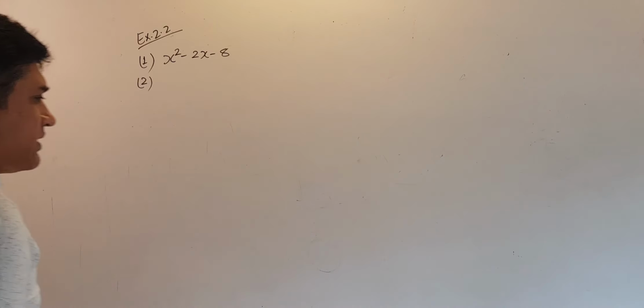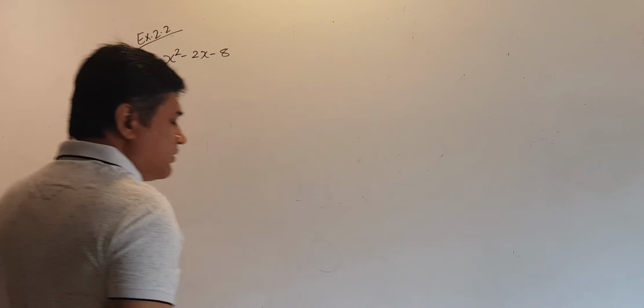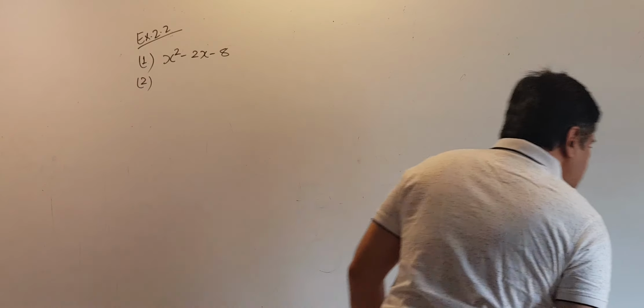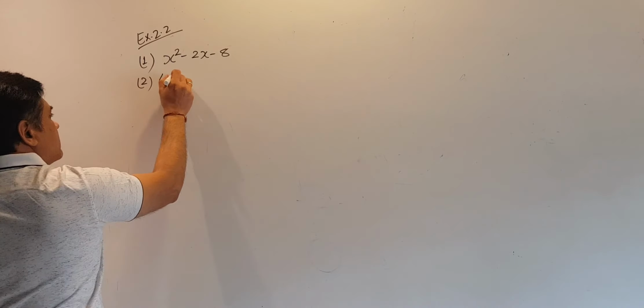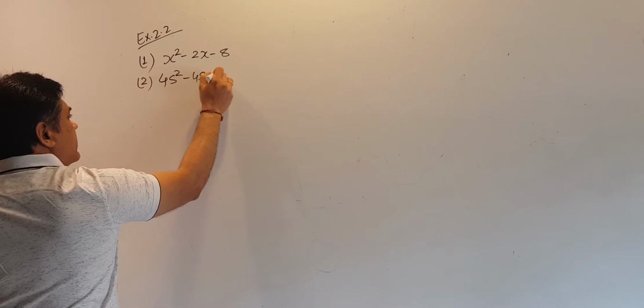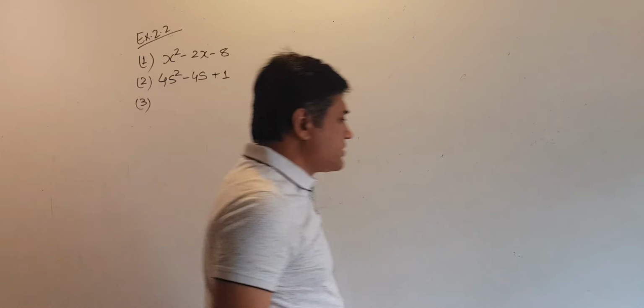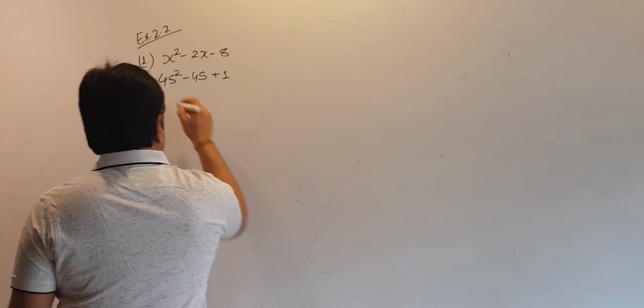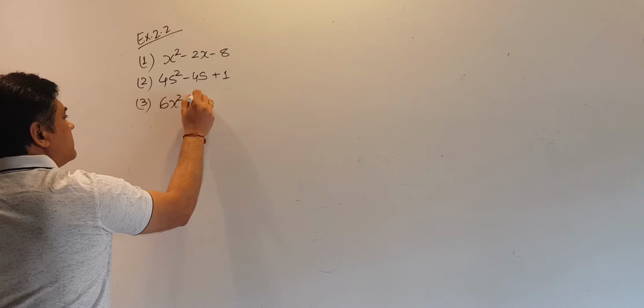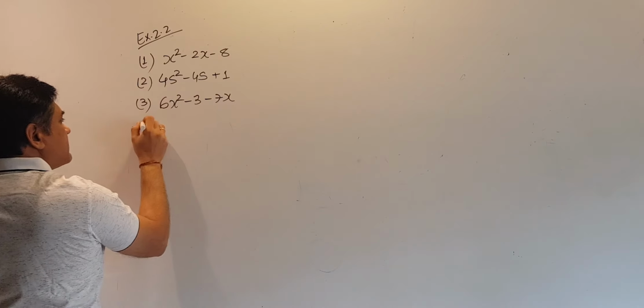The second question is 4s square minus 4s plus 1. Then third question, 6x square minus 3 minus 7x.